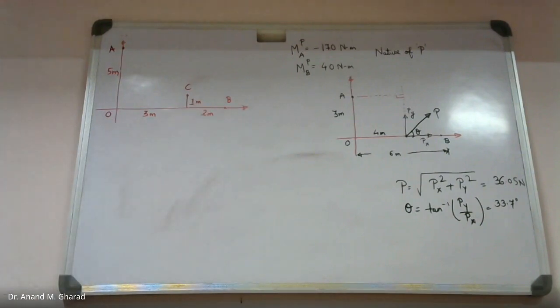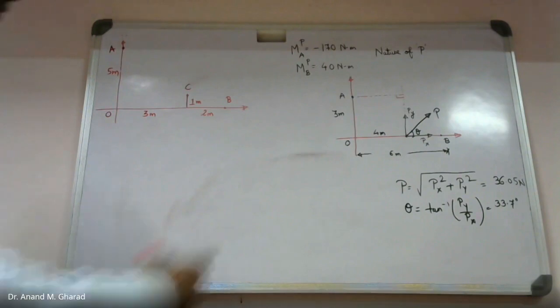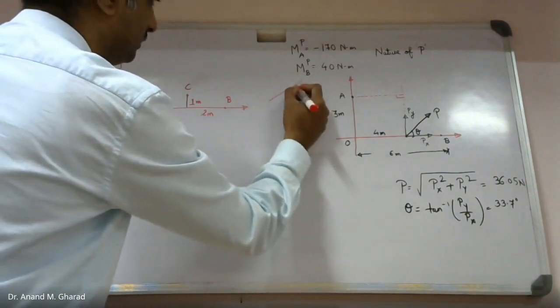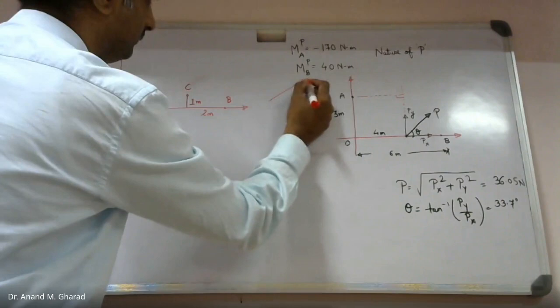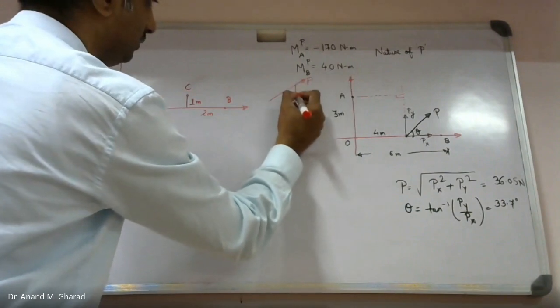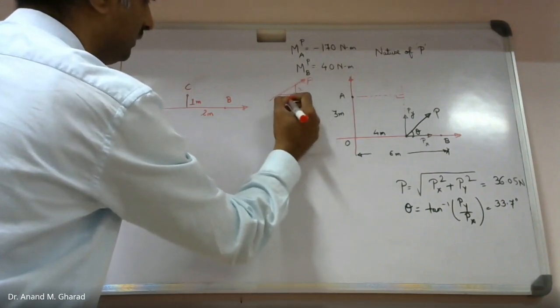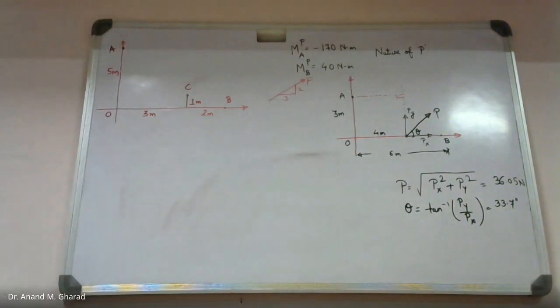Okay, this is given. What else is given? That there is certain force which has a slope of 2 vertical and 3 horizontal. Capital force F, 2 vertical, 3 horizontal. This is given.